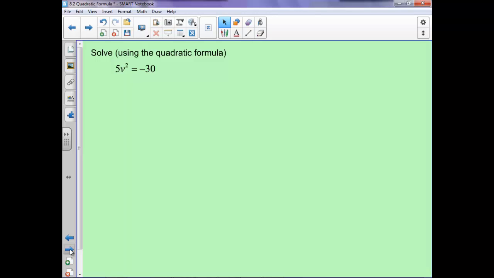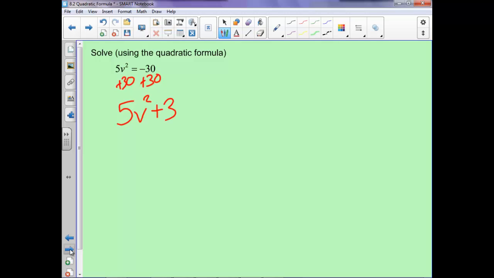Now this one, once again, we don't have it equal to 0. So let's go ahead and add 30 to both sides. But notice we also don't have a v term. So we can add that in with a 0v.